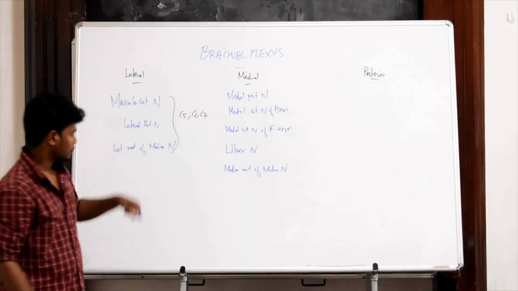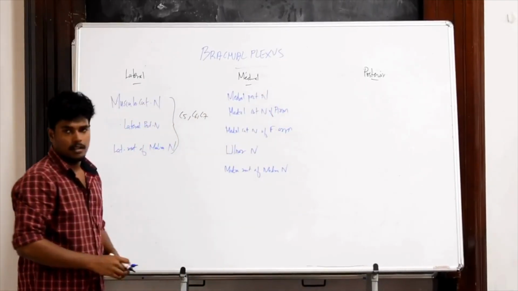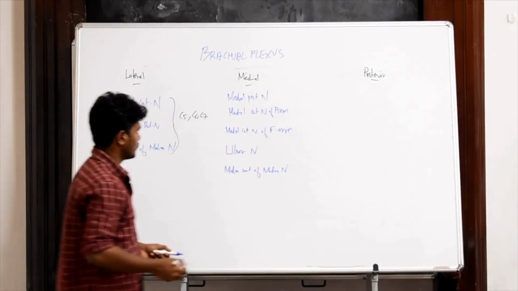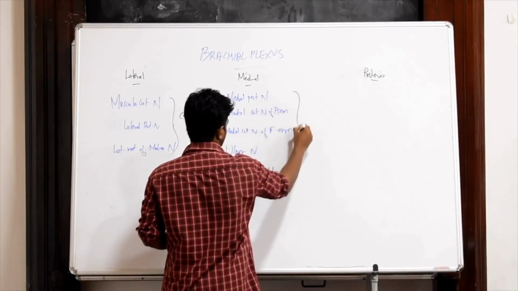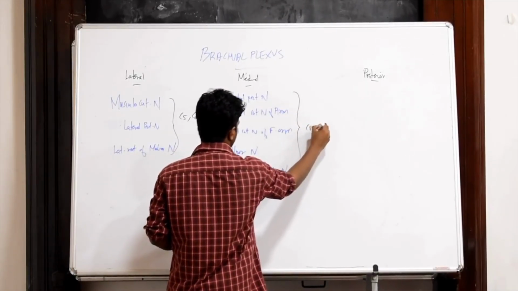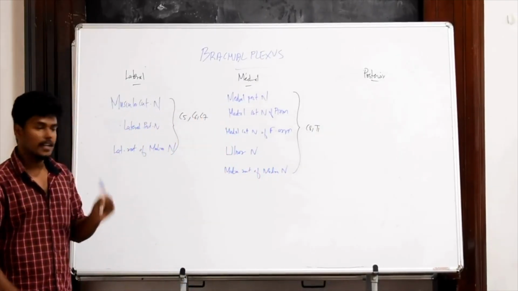So the root value for all the nerves in the medial cord is C8 and T1. But there is a small exception here.